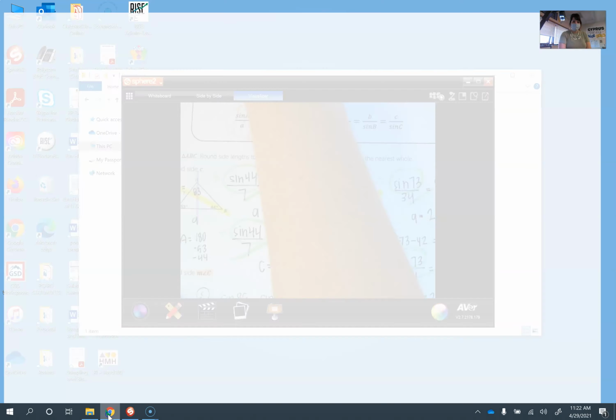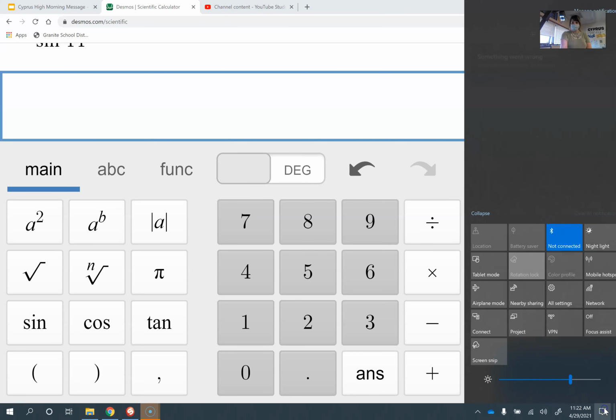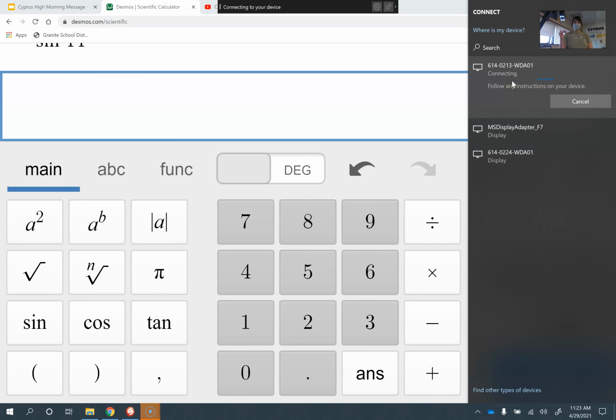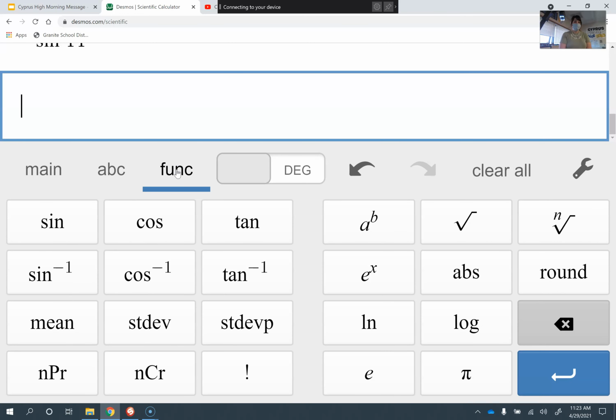Now to get the sine inverse, you guys can't see this. I'll try one more time. To get the sine inverse, if your big keypad is pulled up, meaning you can see the word main, ABC, function, and then you see the a squared, a to the b, and so on, you are hitting the function button, F-U-N-C.